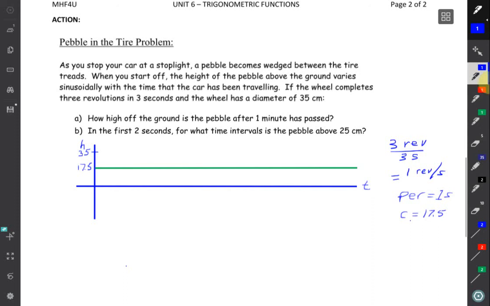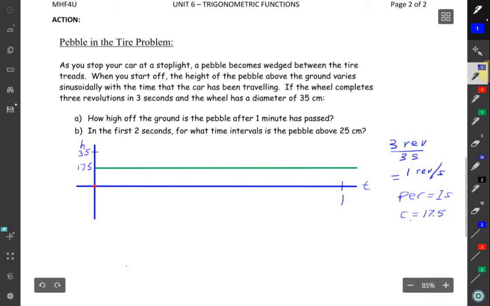Now, once again, the pebble here is picked up on the ground. So at time 0, we're going to be on the ground. And before I continue, I need to put the rest of my scale on this axis. So we know that 1 full revolution happens in 1 second.